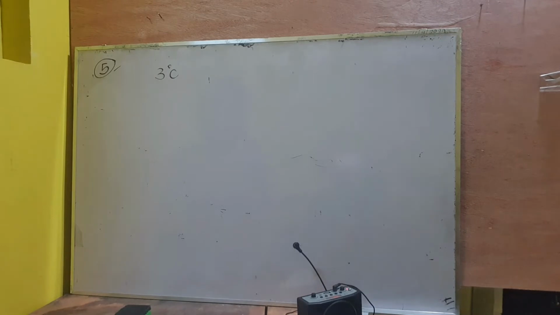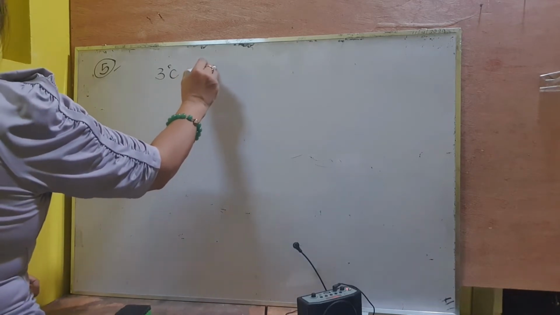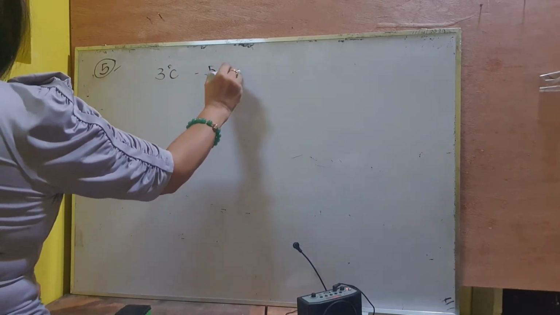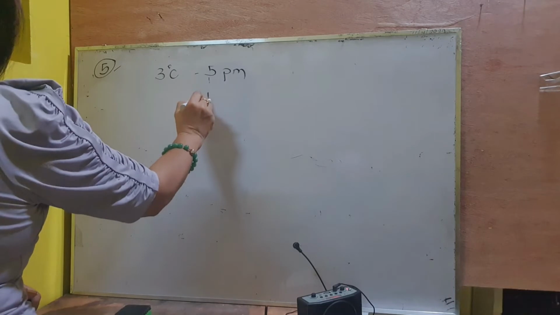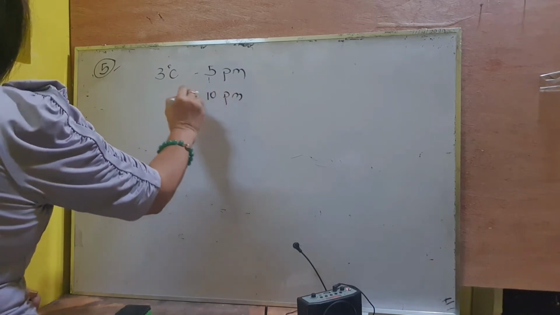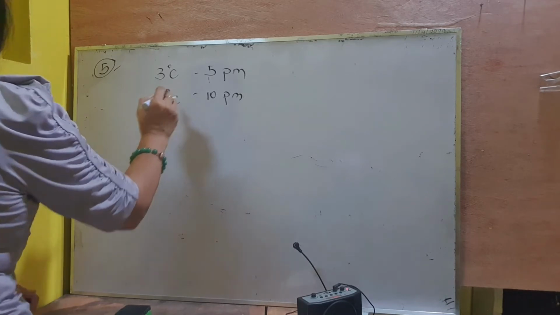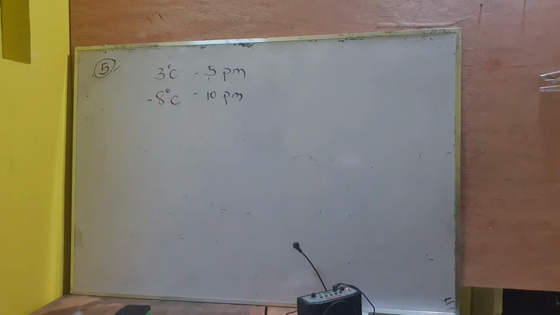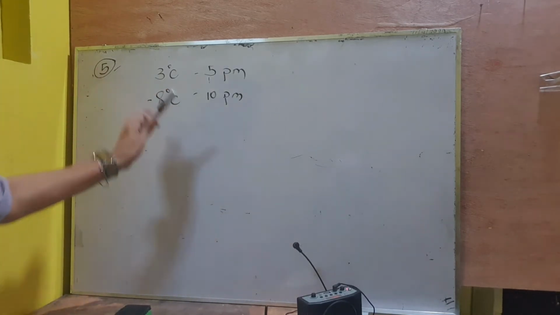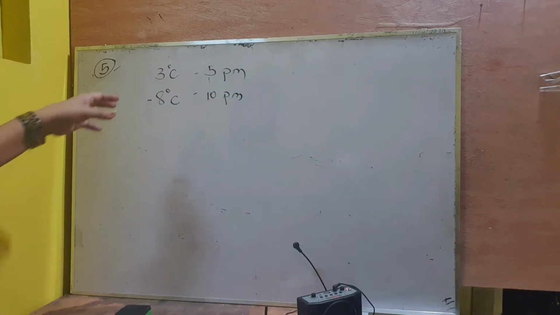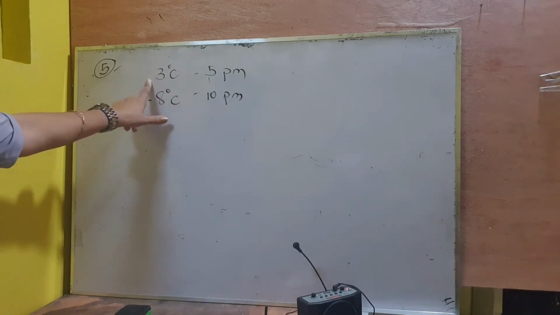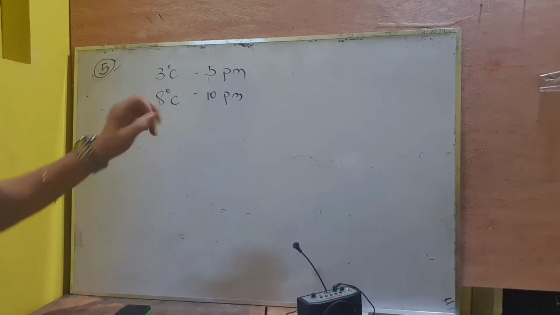Now, pagdating ng 10 p.m., siya ay naging negative 8 degrees centigrade. Okay, now, so sabi niya, find the temperature. Paano nyo, how are you going to find the temperature now? Okay, so dito, 3 degrees, tapos negative 8 degrees.